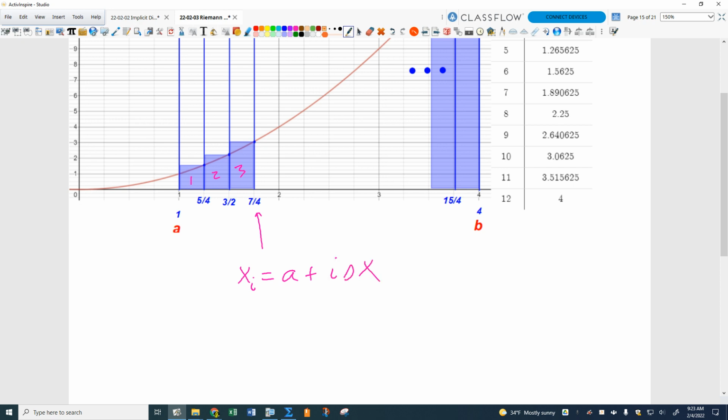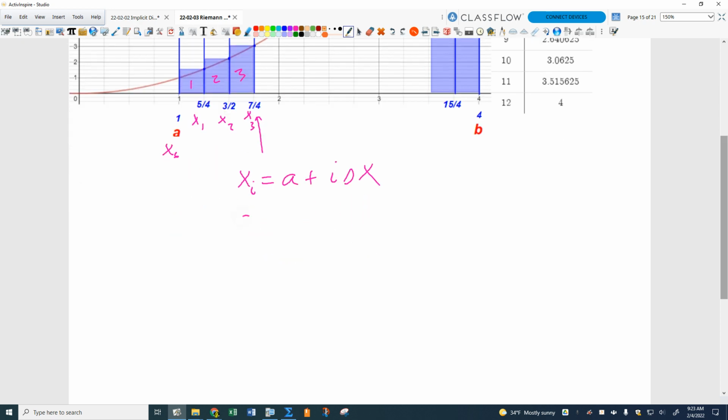That always predicts the value of the function at the right edge of the ith subinterval, doesn't it? So we would say a is equivalent to x sub 0, that would be x sub 1, that would be x sub 2, that would be x sub 3, etc. And if I wanted to calculate the value of the function there, that's just f of x sub i.